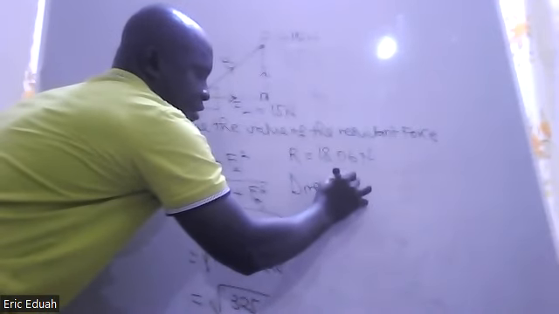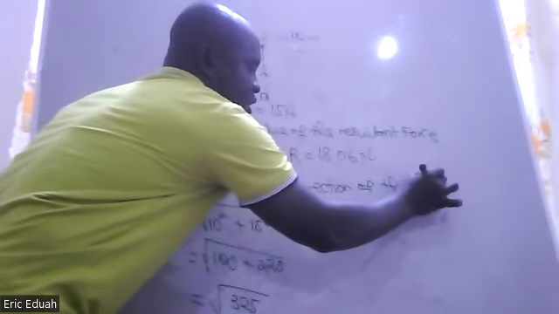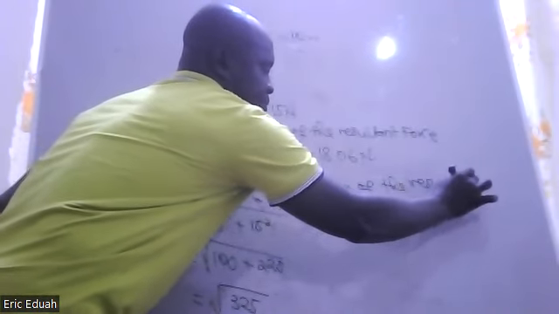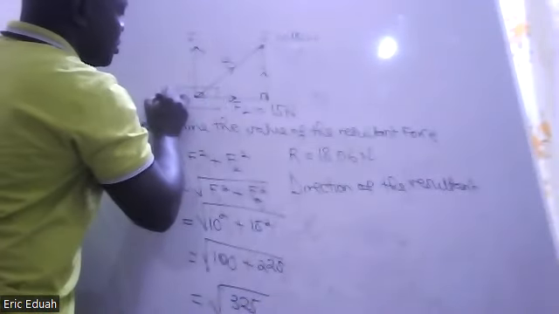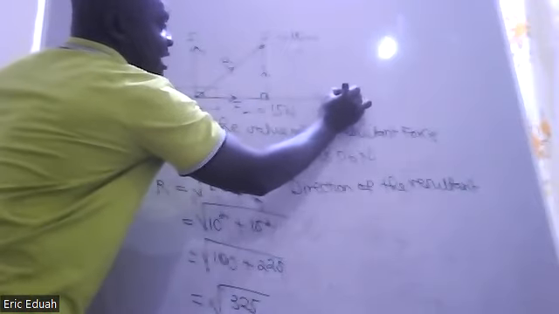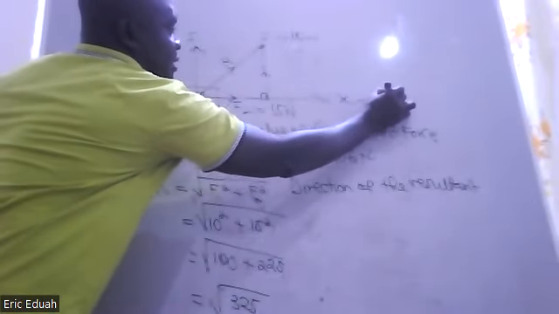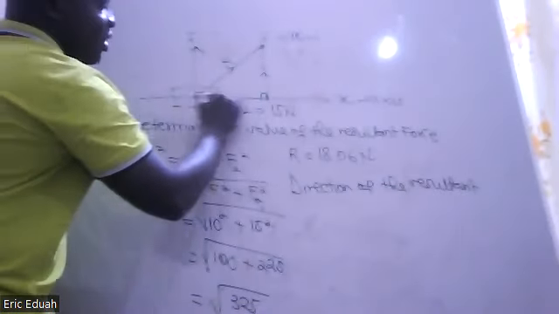direction of the resultant force. When you look at F2, the force F2 was measured on the x-axis. The force F2 was put on the x-axis. Please, I hope you can see.